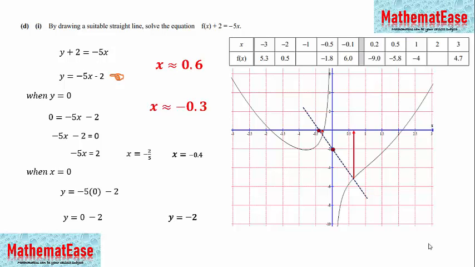The values you have as x and y, then you will have the two points on your graph, then draw a straight line. It's not compulsory that you pick minus 1. You can pick any point. You can pick minus 3 and 3. You can pick minus 2 and 1. You can pick minus 0.5. Just pick two values on that table that are not close to each other.